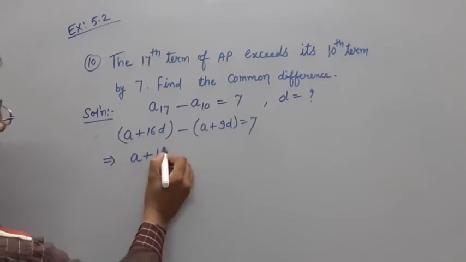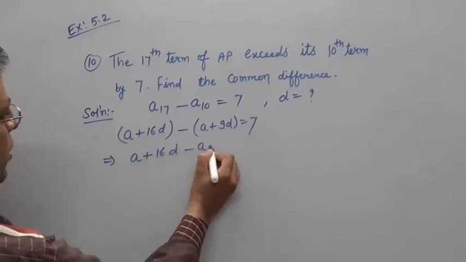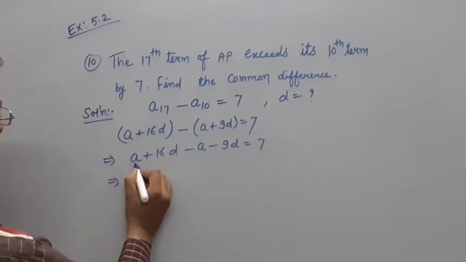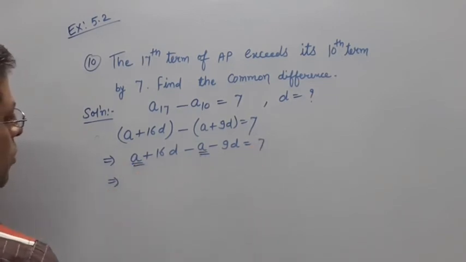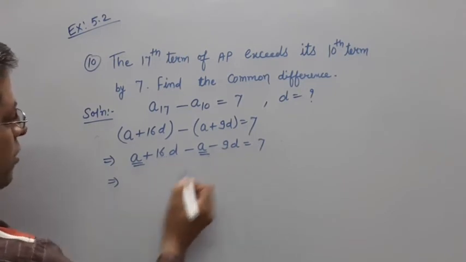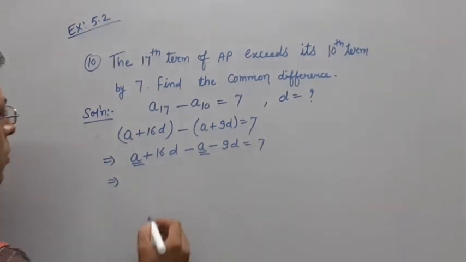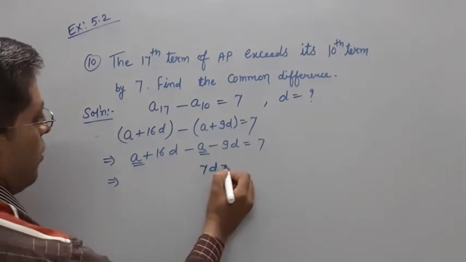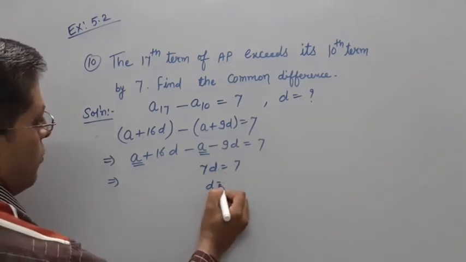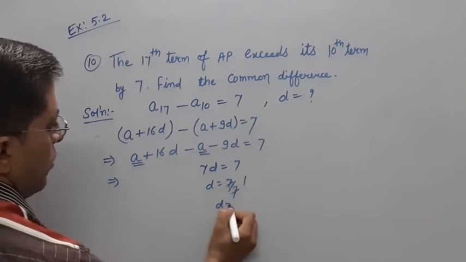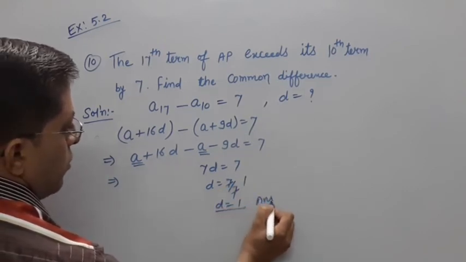Simply open the bracket: minus A minus 9D is equal to 7. A minus A both cancel. Then 16D minus 9D is 7D, equal to 7. So D is equal to 7 upon 7. Both cancel. D is equal to 1.